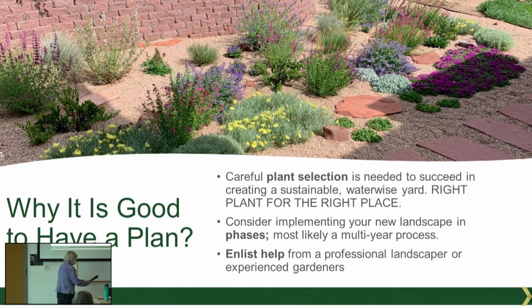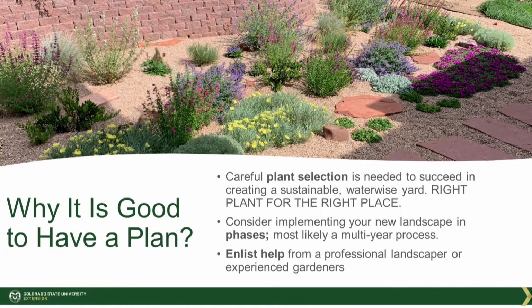You're up. Okay. So I'm just going to talk for a couple of minutes about planning. Before you start tearing up your yard and buying a bunch of plants, it's really helpful to spend some time in the design phase and selecting appropriate plants, shrubs, trees, grasses. The goal is the right plant for the right place.